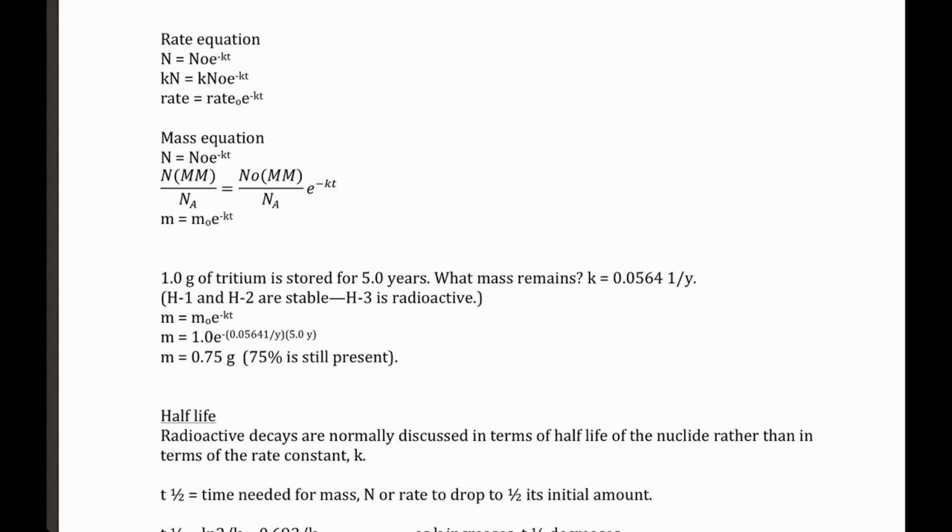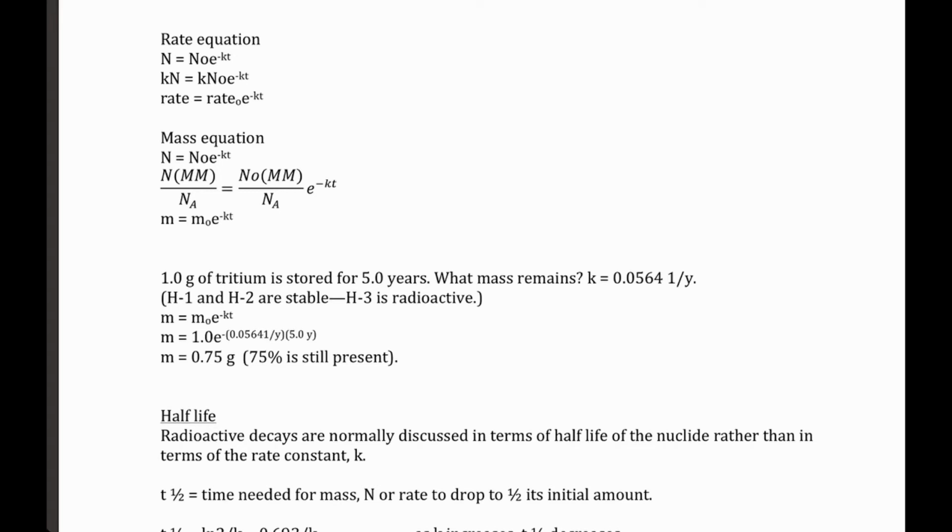If on the other hand we're given mass, the original mass and the final mass, for example, then we would use the mass equation. Again, we're deriving it from the N, the number of nuclei equation. So we have N equals N naught e to the minus kt. If we do the same things to both sides, we're okay mathematically.